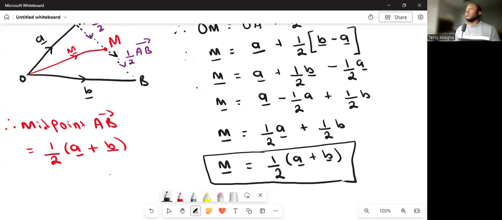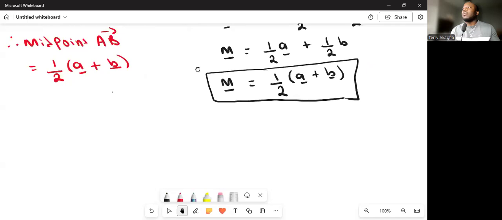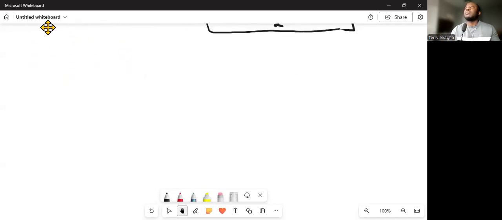So let's go to the next one. Let's pick some examples now, so we can solve this together. So I have some examples here. We have this example.